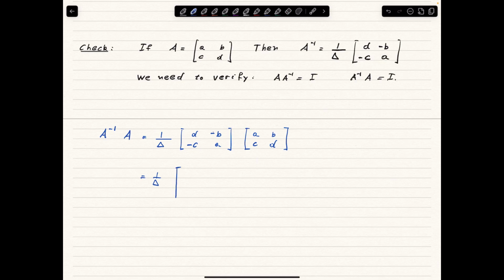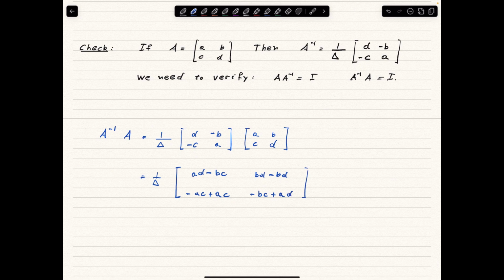And what is that equal to? This column times that row, so we are going to end up with AD minus BC. Then this column with this row, so we are going to end up with minus AC plus AC. Then this column with this row, so we are going to have BD minus BD. And finally, that column, this row, and we get minus BC plus AD.